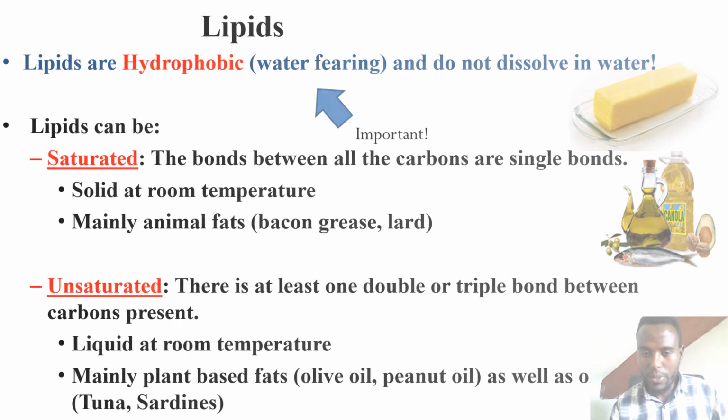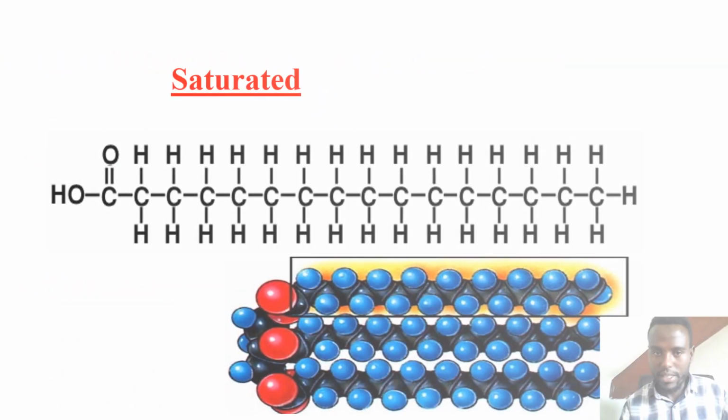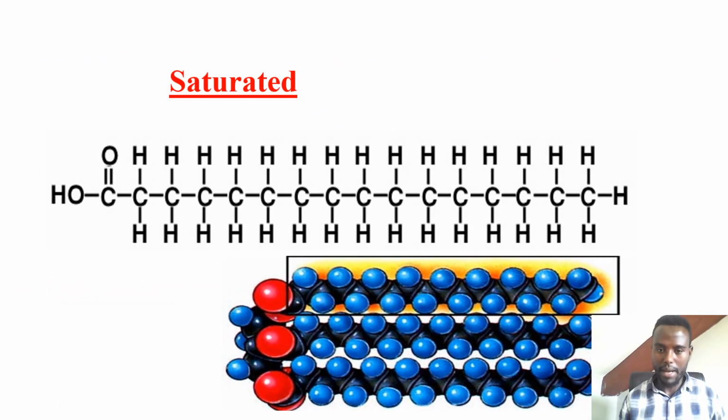When we see this by pictures, here all the carbons are single bonded. This is a single bond, this is also a single bond, this is a single bond. So there is no double bond within the carbon bonds. And also the structure is straight.